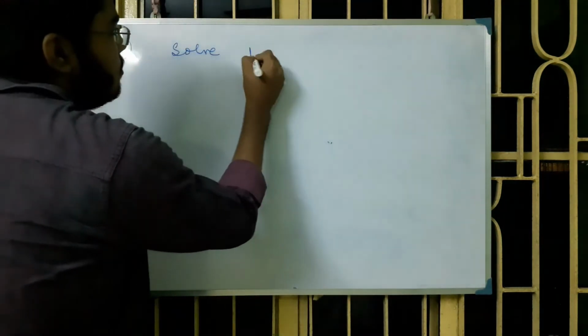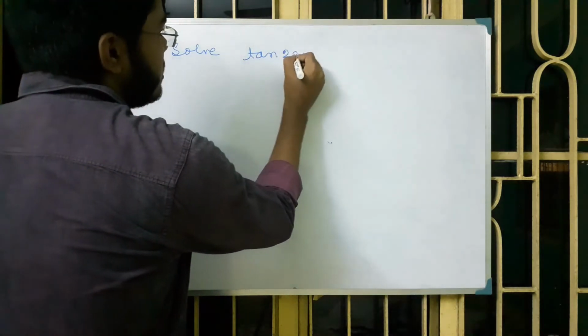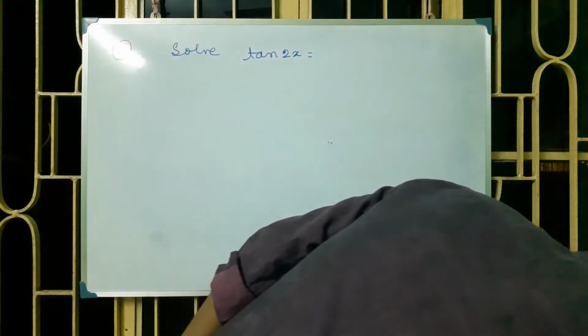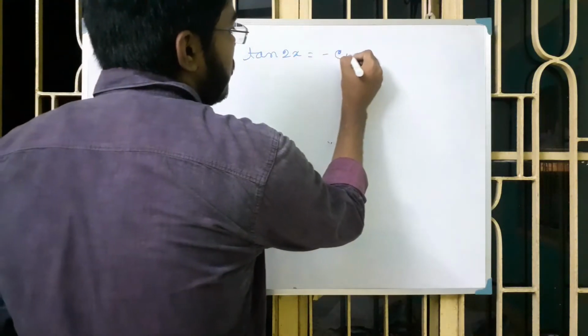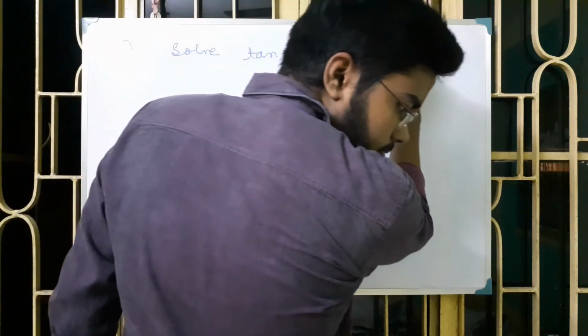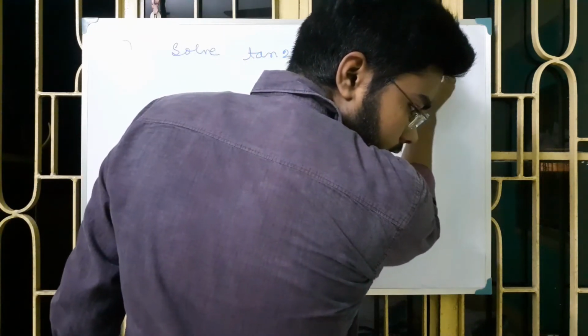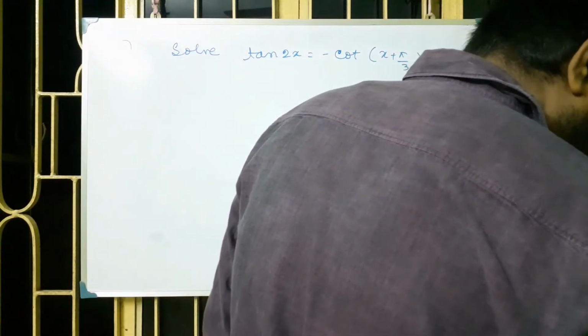And the next problem is, solve tan 2x equal to minus cot (x plus pi upon 3).